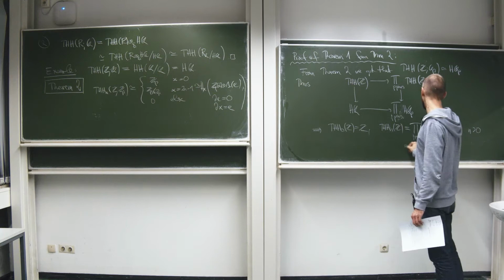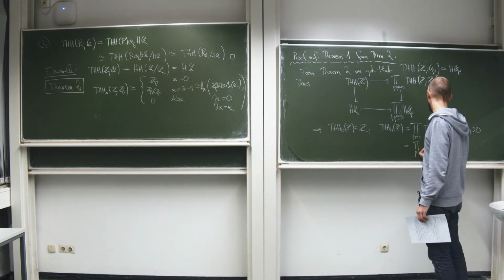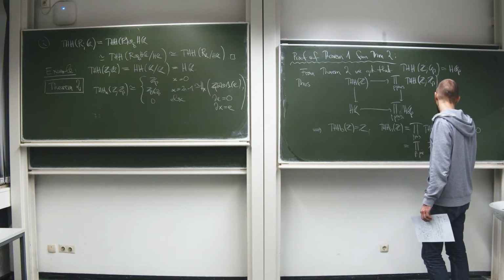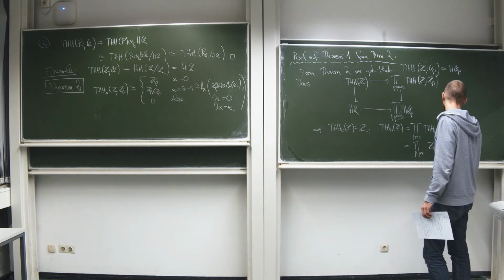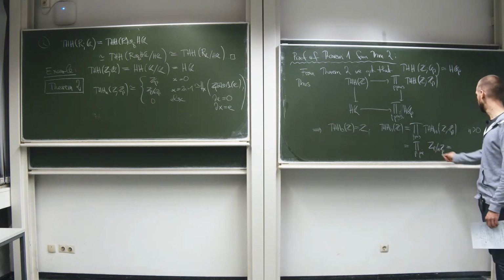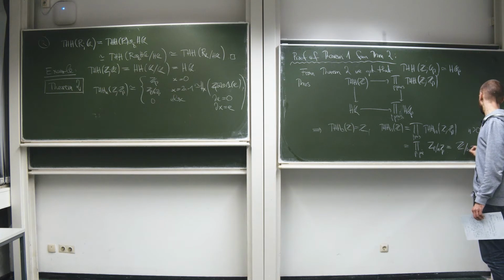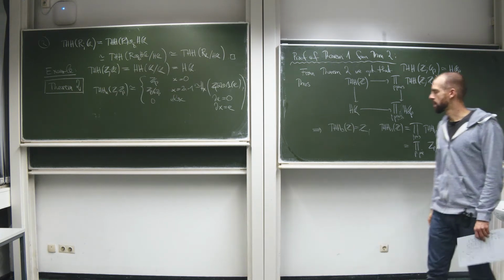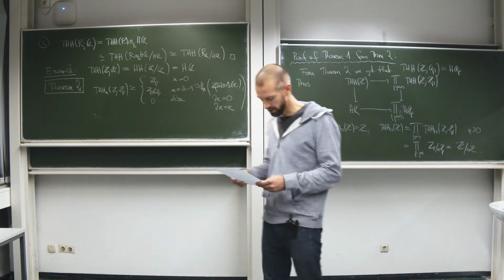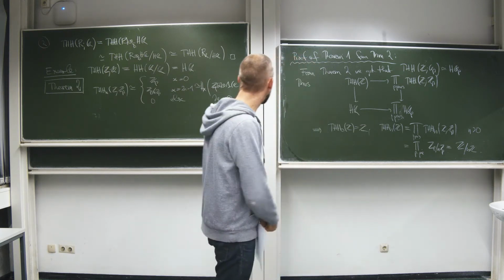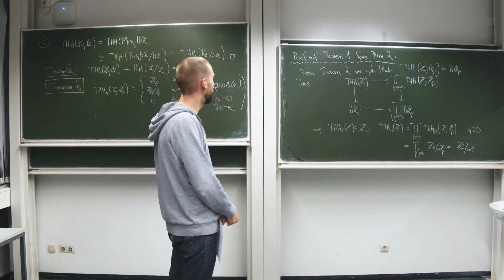And that is, of course, the same as the product over all primes p of Z_p mod n Z_p. And that is, of course, Z mod n Z. Okay, so that is how we can deduce theorem 1 from theorem 2.